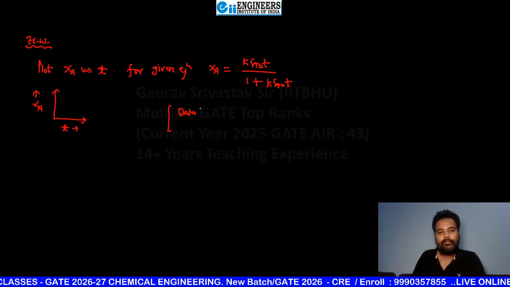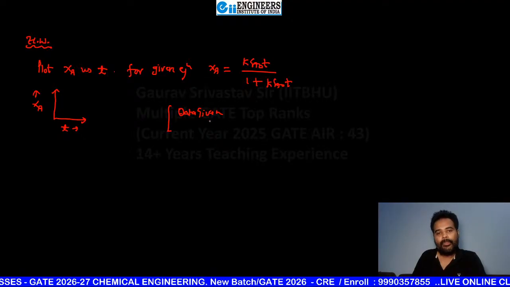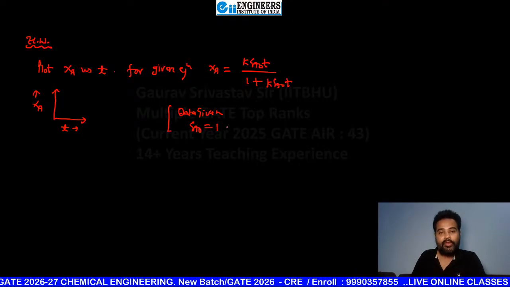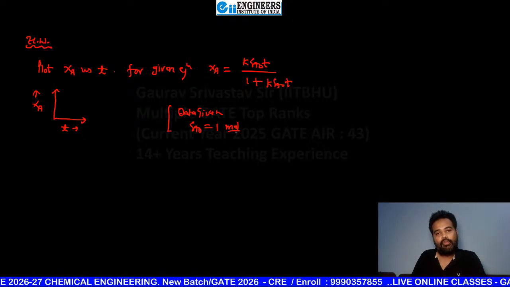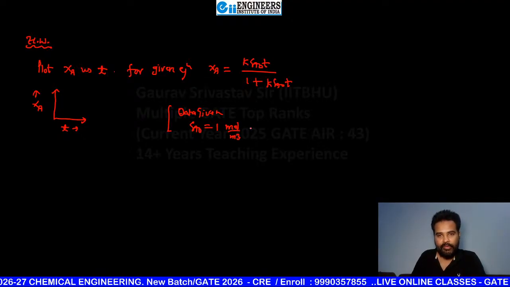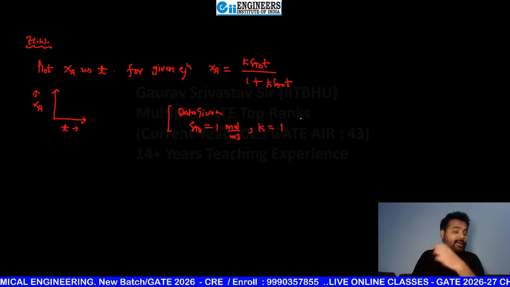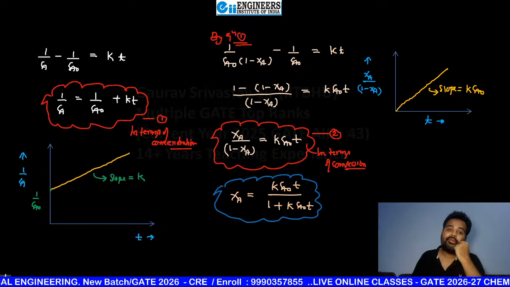Data given: ca naught is equal to 1 mole per meter cube, k is equal to 1, and what should be the unit here?